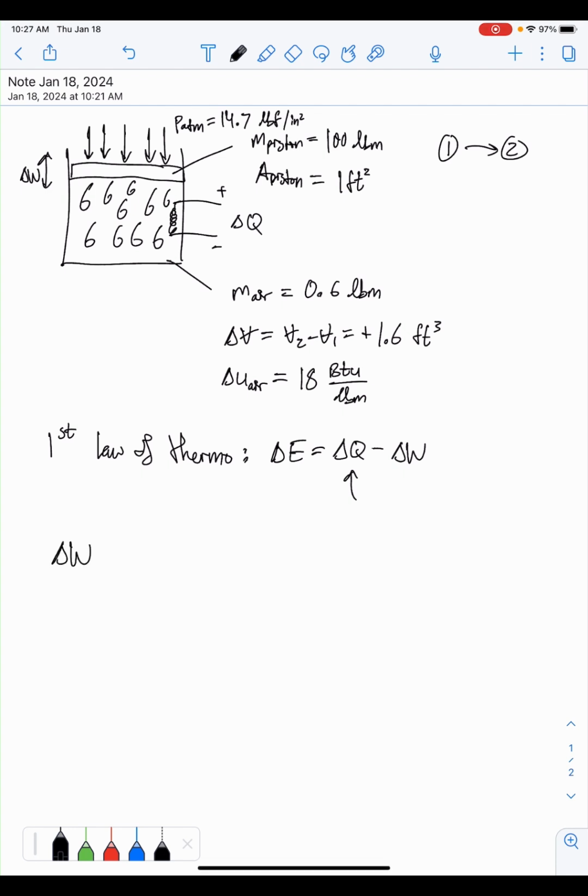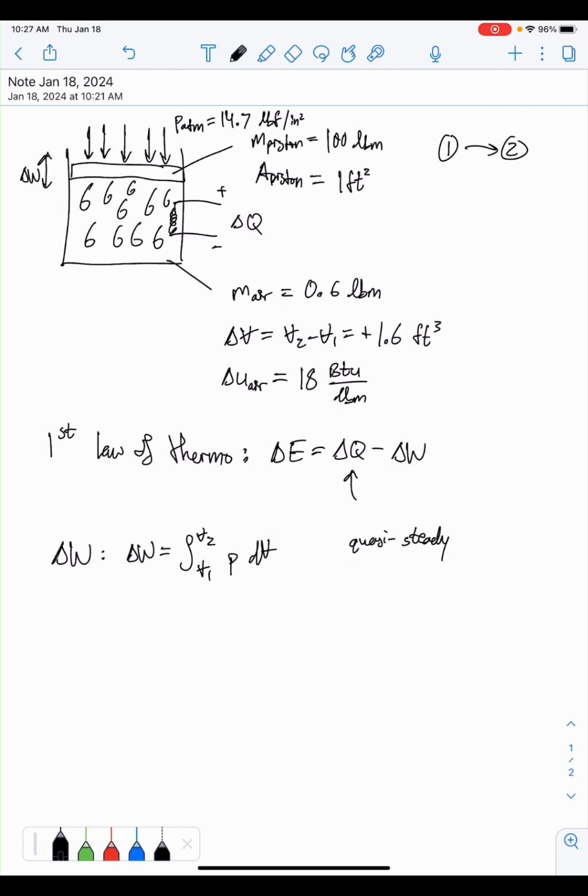Solving for delta work. I believe this equation has been shown many times, but an integral with respect to volume is done here. So pressure times dV, we can get work. An assumption that I will say now is we're assuming that this problem is quasi steady, meaning that the increment of dV is so small that our pressure can be treated as a constant.